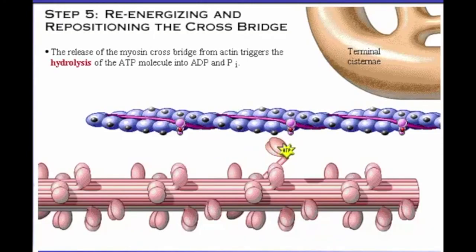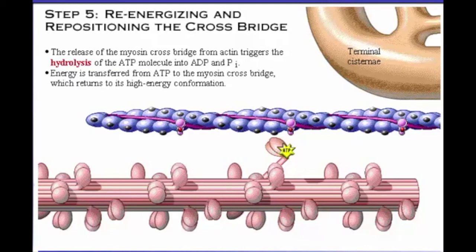The release of the myosin cross-bridge from actin triggers the hydrolysis of the ATP molecule into ADP and inorganic phosphate. Energy is transferred from ATP to the myosin cross-bridge, which returns to its high-energy conformation.